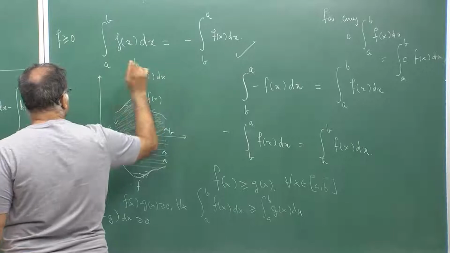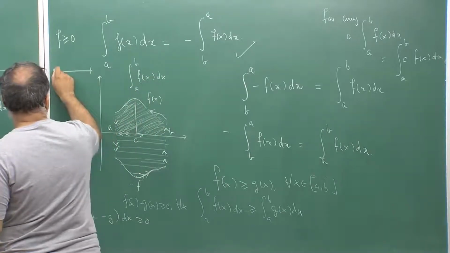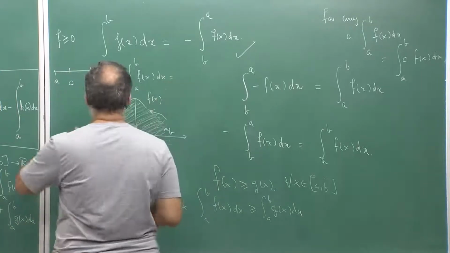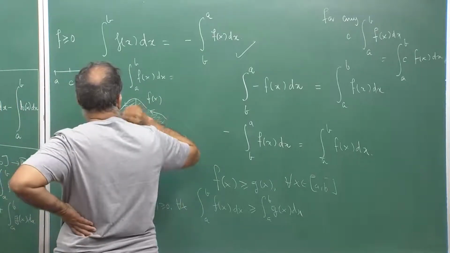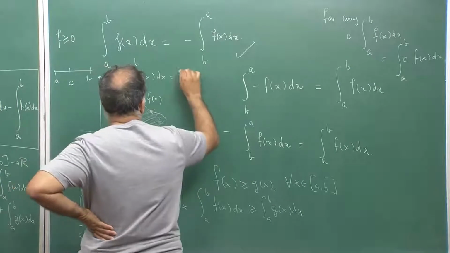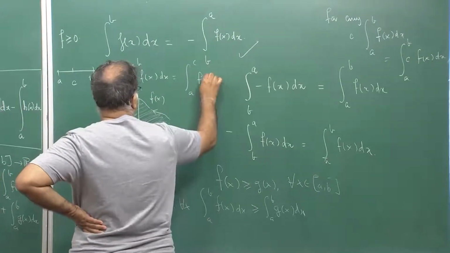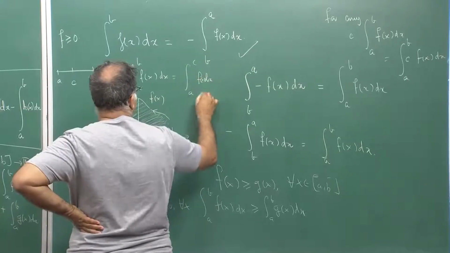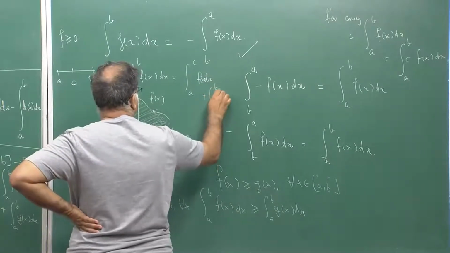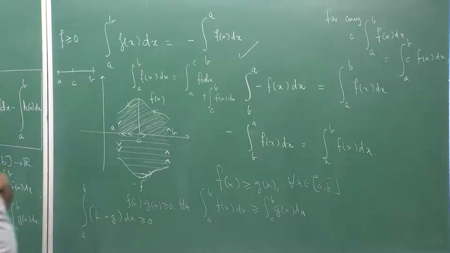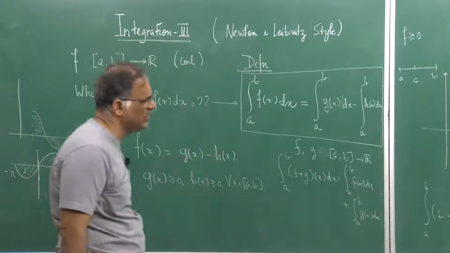So if you take any c which is lying between a and b, then this is nothing but, obviously it could be equal also, but suppose I take a c between a and b, then I can write this as integral a to c fx dx plus integral c to b fx dx. Sometimes these are required because maybe the computation becomes simpler when you put in a c and all those things.